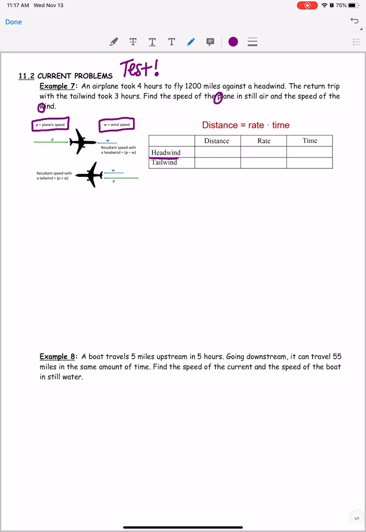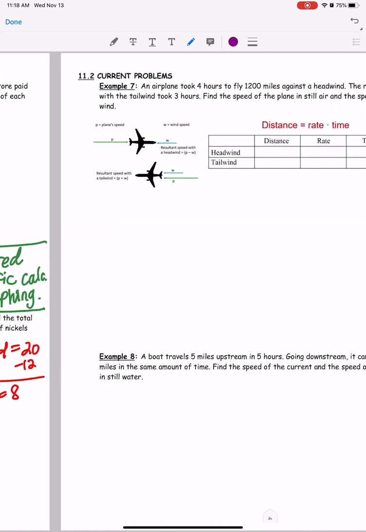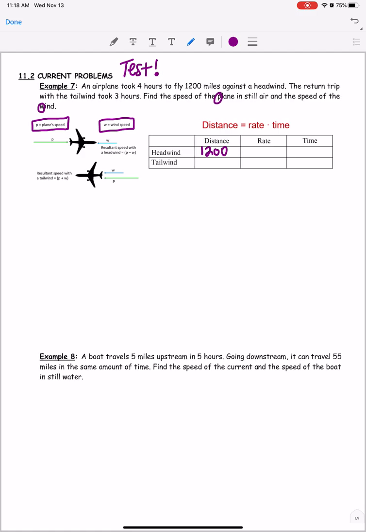So when I am in a headwind, we flew 1,200 miles. So my distance here is 1,200 equals your rate.